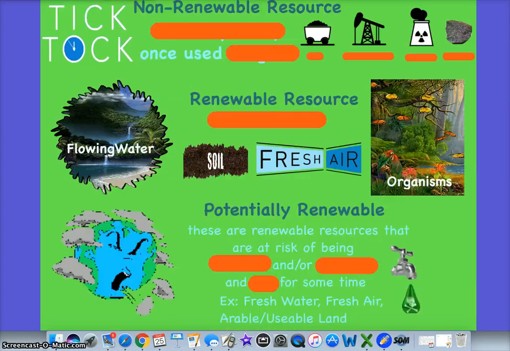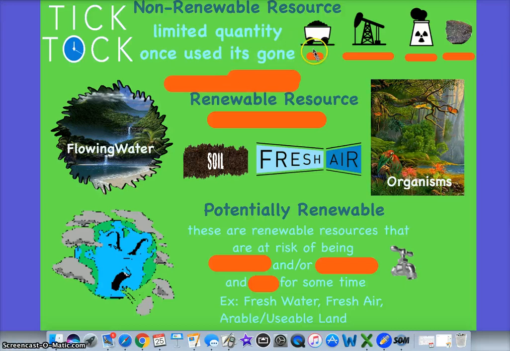So anybody know what types of resources we have? What does non-renewable mean? Like gas. Can't be replaced. Once you use a non-renewable resource, it's gone, okay? It has limited quantities on Earth, and examples are coal, oil, natural gas, nuclear, and all minerals. And yes, you have to know examples of non-renewable resources, okay?